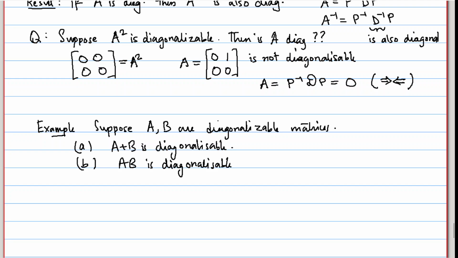If you have two diagonalizable matrices, the sum may or may not be diagonalizable, right? So how do you construct a non-diagonalizable matrix?